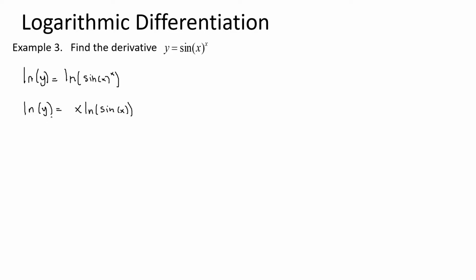Now we will take the derivative implicitly, so this will be 1 over y times y prime. Now this requires the product rule: ln of sine of x plus x times cosine over sine.